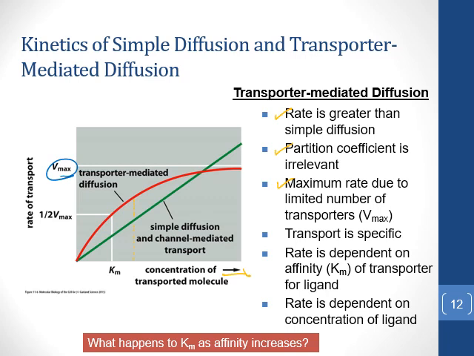And we'll talk about that a little bit later on. The rate at which it moves is dependent on the affinity of the transporter for the ligand. I'm going to come back to that one. The rate is dependent on the concentration. So you can see there is a concentration dependent effect. The higher your concentration here, the greater the rate, until of course you reach the Vmax, and then you can't increase the rate anymore.